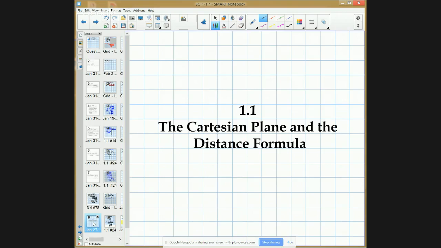It's the first lesson, and it actually begins on page 2 of the book. It's 1.1, the Cartesian plane and the distance formula.